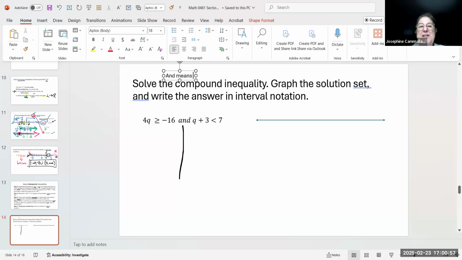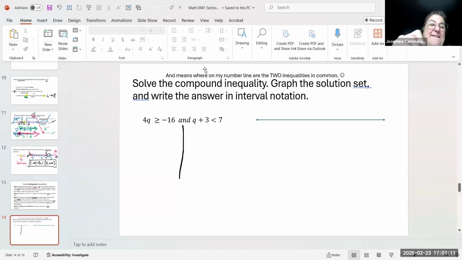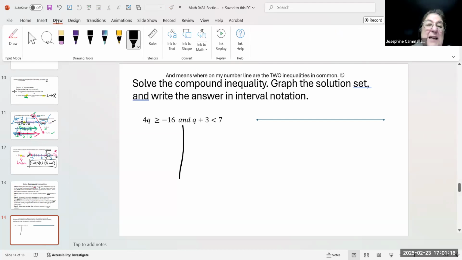And means where on my number line are the two inequalities in common. Okay, well, now we've got to do a little work. First off, we're going to work with this side, my pink side.